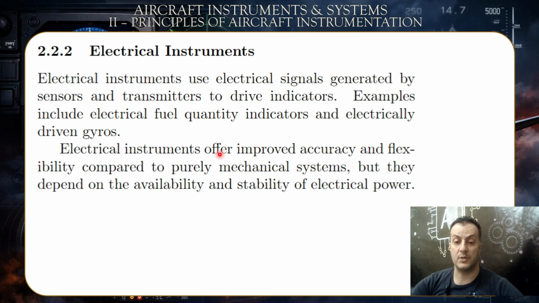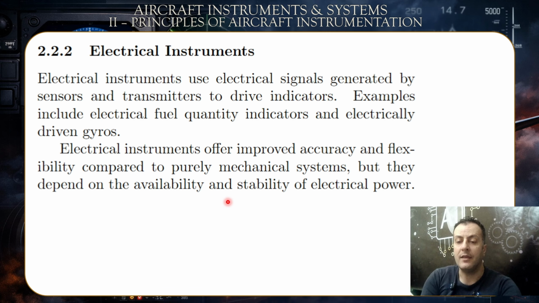Electrical instruments offer improved accuracy and flexibility compared to purely mechanical systems because they won't wear out mechanically, and they are more accurate under vibration, unlike mechanical instruments that are prone to vibrations and to wearing out because of excess use. Meanwhile, the problem with electrical instruments is that they depend on the availability and stability of the electrical power.